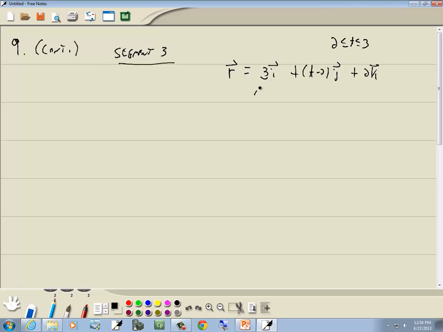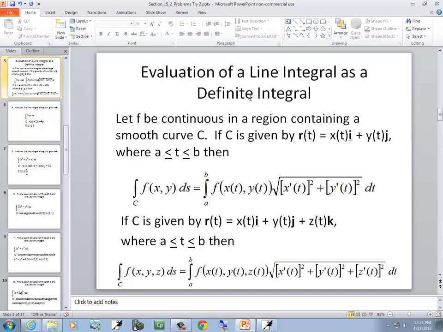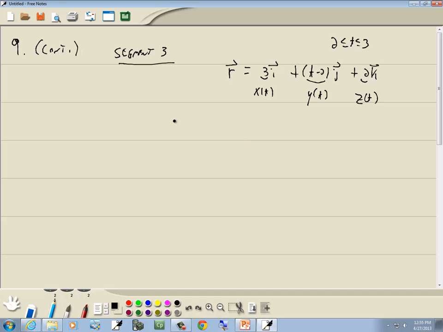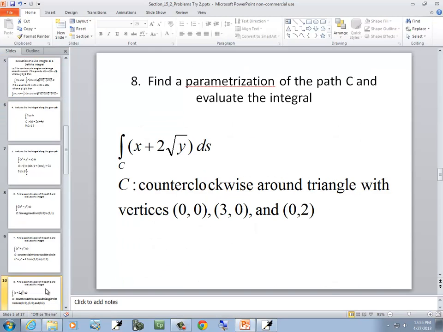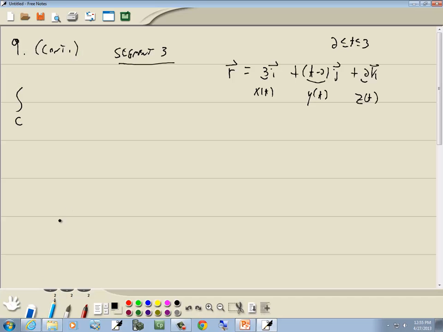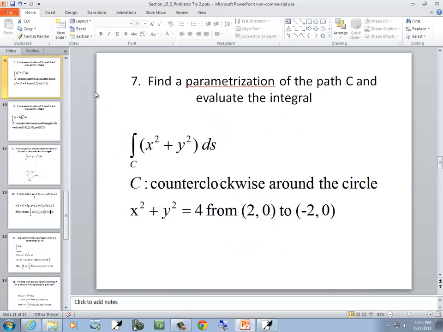Well, this is our x of t, this is our y of t, and this is our z of t. Well, our problem was something x plus y minus z squared ds. Okay, back to our formula.